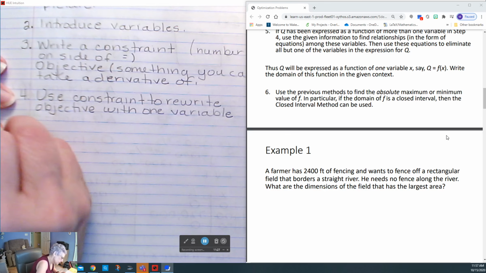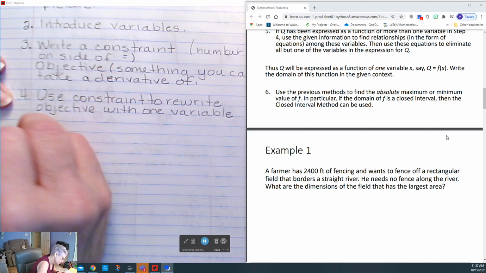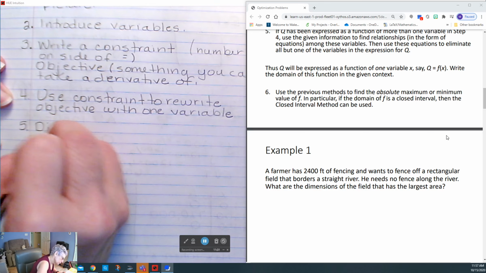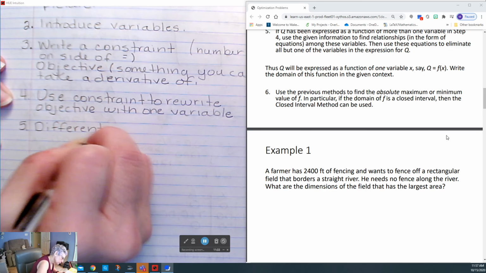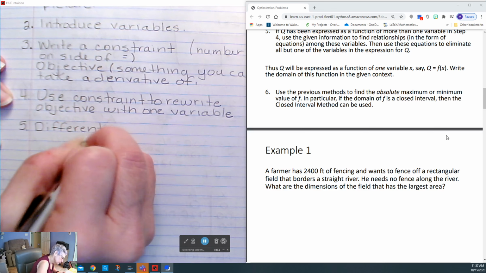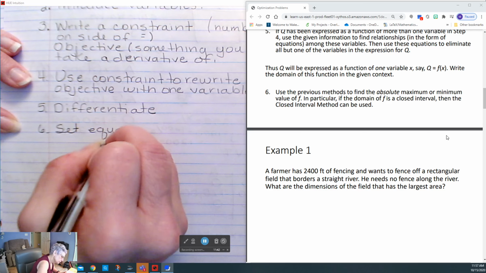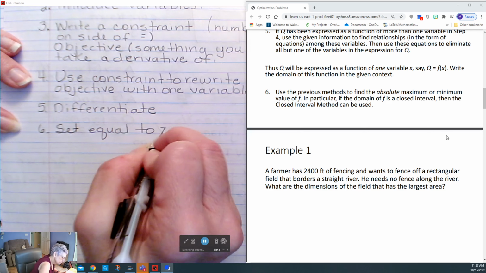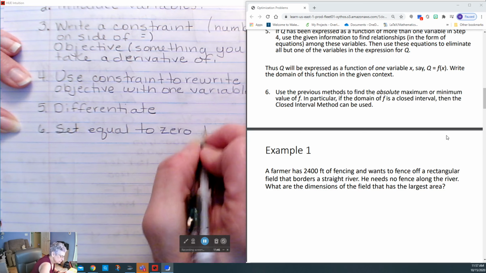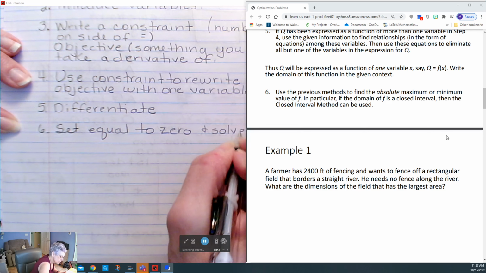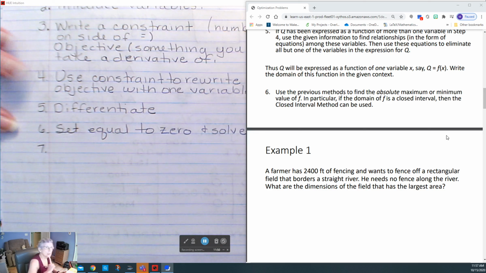Then we'll differentiate. Set it equal to 0 and solve. Then we make sure we have what we really wanted.